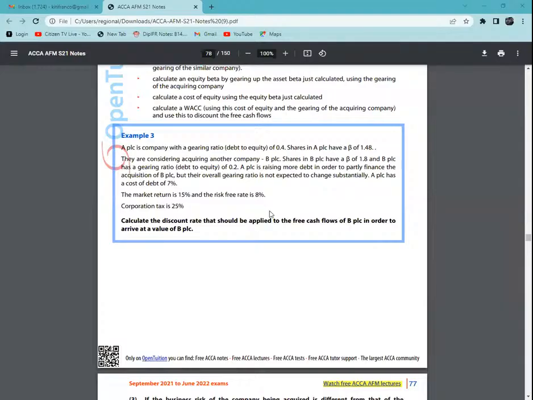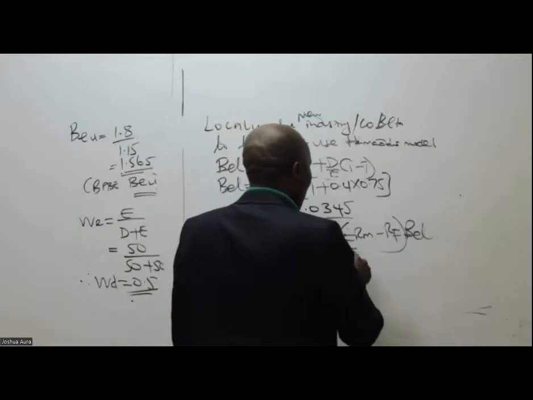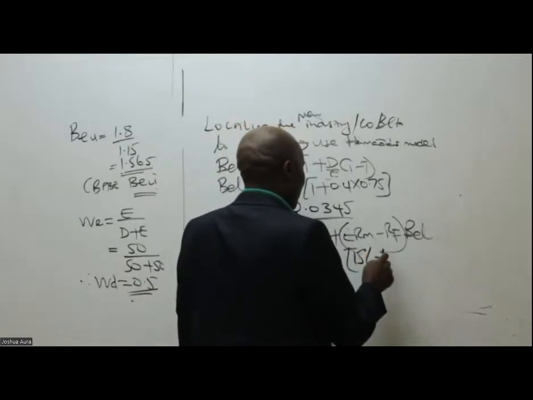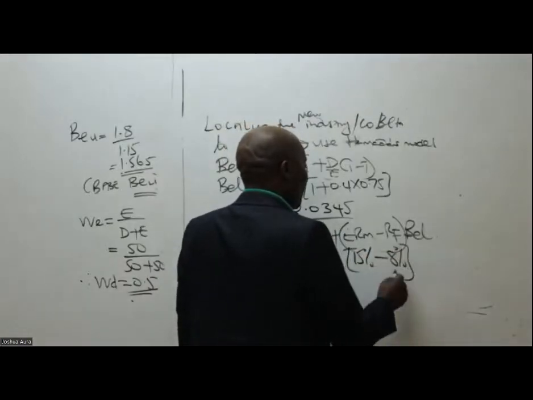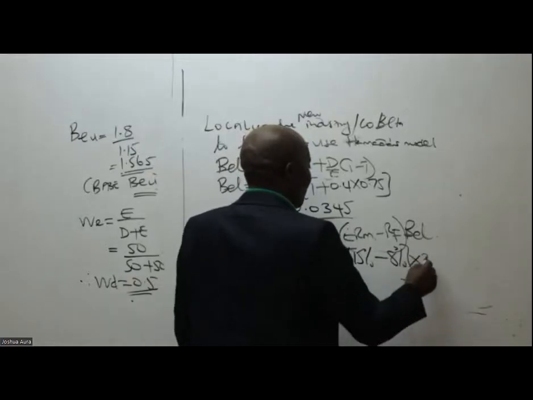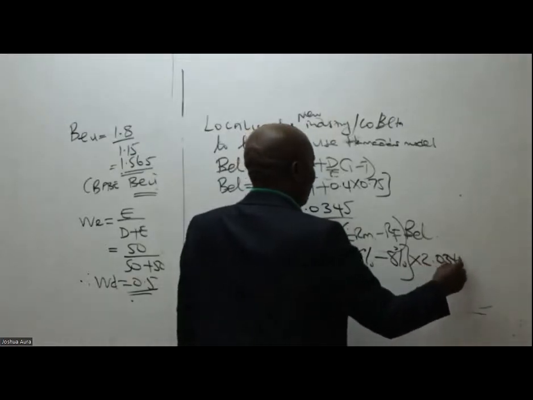Thank you so much. Plus, are you able to see the expected return of the market? Yes. Market return here is 15%. So market return of 15% minus risk-free of 8% multiplied by the beta that we got up here, which is 2.0345.